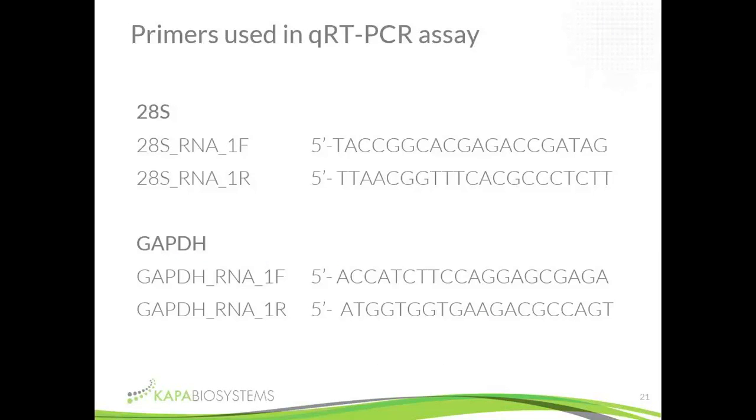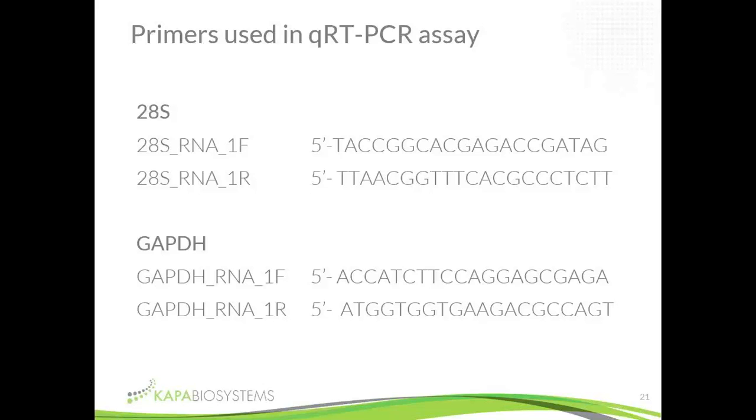As a reference, I have also included the primer sequences for both GAPDH and 28S that were used for this particular QC method. Again, depending on what RNA you are examining, you might need to design new primers, and they should ideally be small amplicons, less than 75 base pairs.